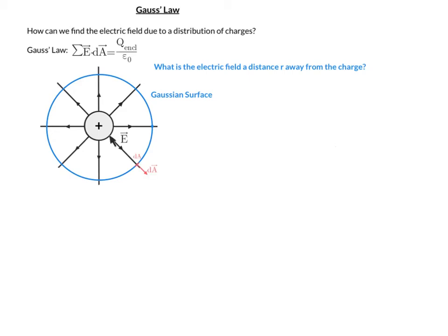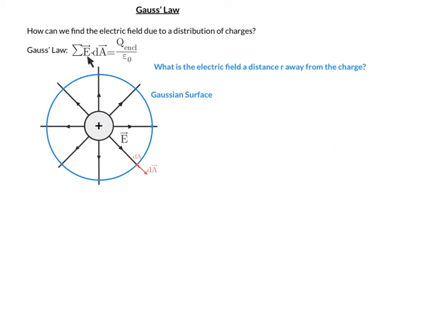So I'm just going to look at this particular electric field line here, and that pierces a tiny area that we call dA. Now this area dA has an area vector, dA vector symbol, and I know that the electric field and dA are along the same line, which means that the cosine of the angle between them is going to be 1 because the angle between them is 0.